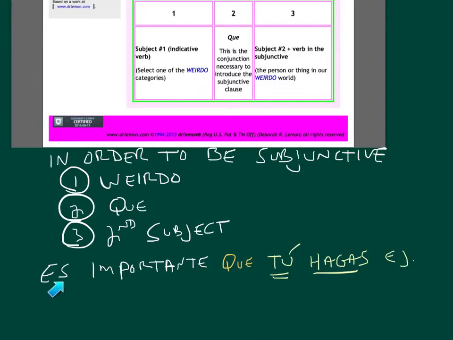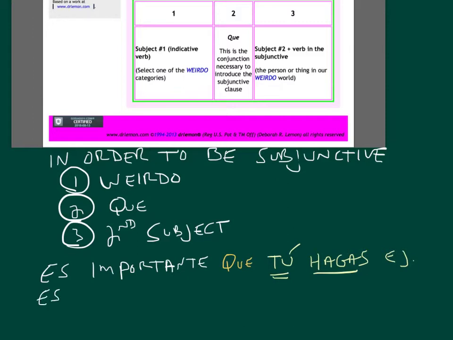Es importante, here's a weirdo phrase, one of the impersonal expressions, que tú hagas ejercicio. Will you necessarily exercise? I don't know. That's what makes it subjunctive. So it satisfies all three requirements. The main clause here is a weirdo situation, we have the conjunction que, and then we have the second subject, tú. Tú hagas ejercicio.